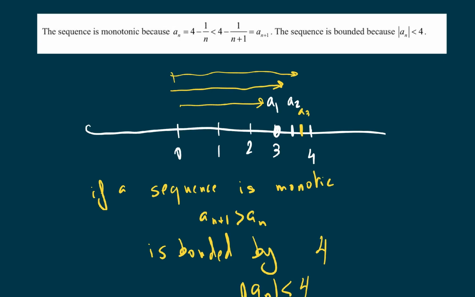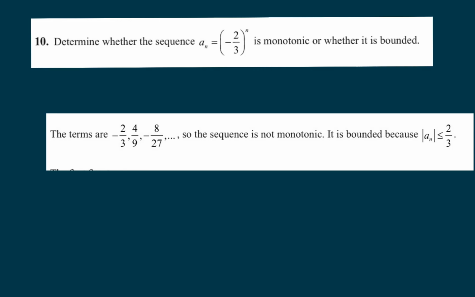Let's go to the next problem. The next problem says determine whether the sequence a sub n equal (-2/3)^n is monotonic or whether it's bounded. So we need to find the terms. The term is minus 2/3. The other term is 4/9, positive. Now it's negative.